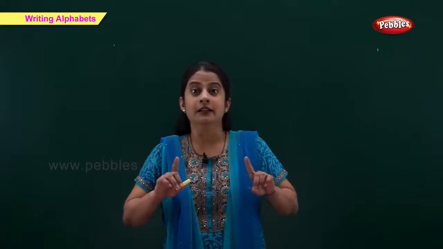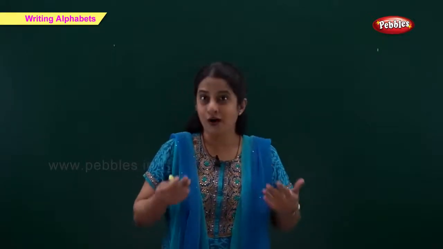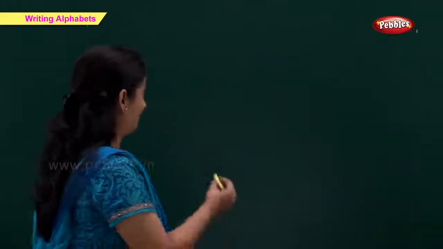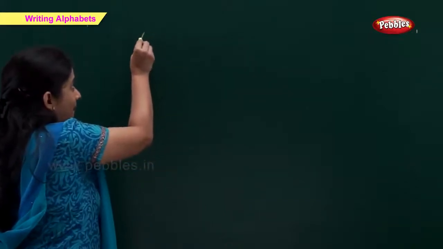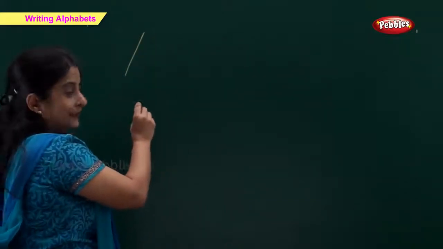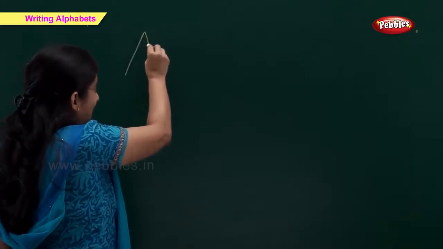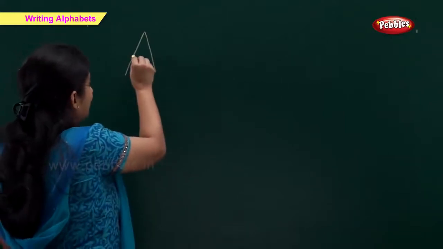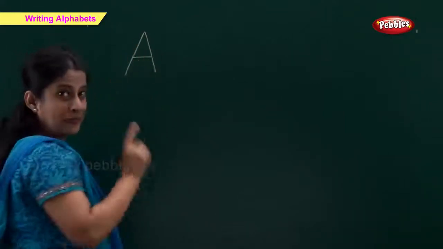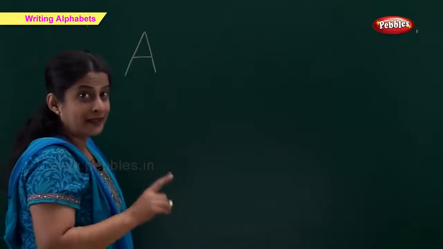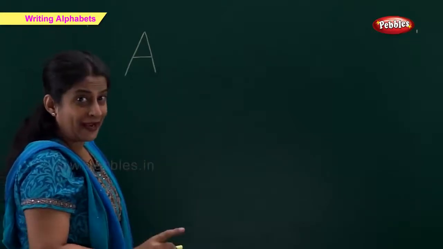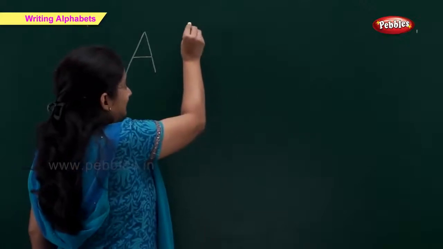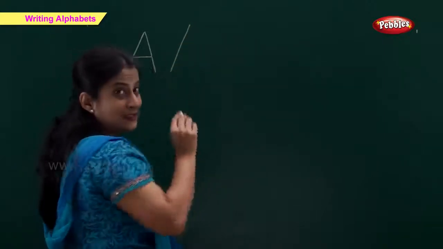Friends, now I'm going to teach you how to write the alphabets. Are you ready? A. One slanting line. Another slanting line. And a sleeping line makes alphabet A. Slanting line.